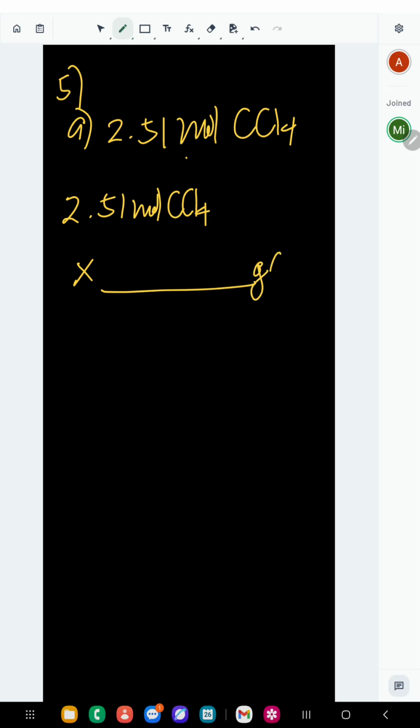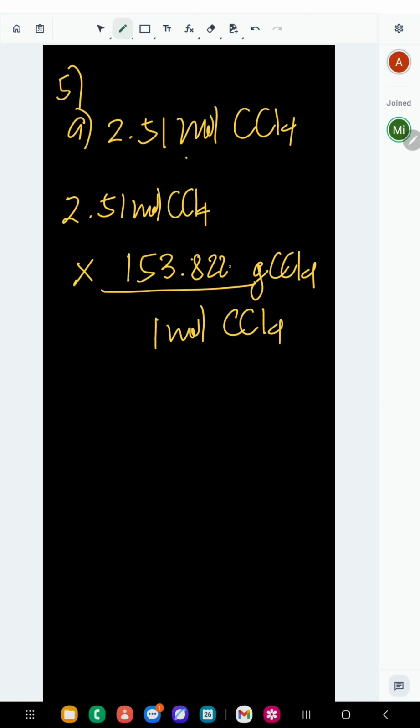So we start with that. So 2.51 mole CCl4, we multiply this by the molar mass of CCl4. What is the molar mass of CCl4? 153.8227.